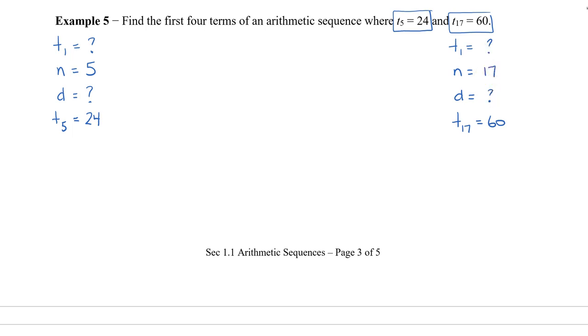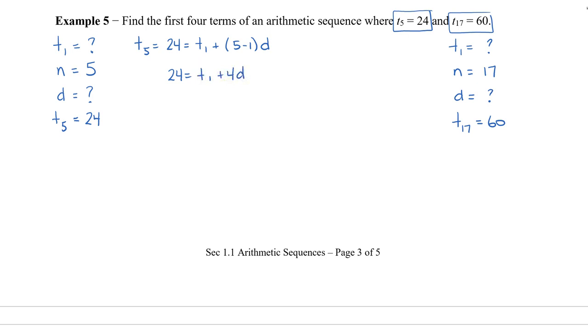Now, these 2 pieces of information give us the same 2 unknowns. So I'm going to set them both up using our arithmetic sequence formula. I'm going to say that T5, which is 24, equals T1 plus 5 minus 1 times D. Simplifying, we get 24 equals T1 plus 4D.